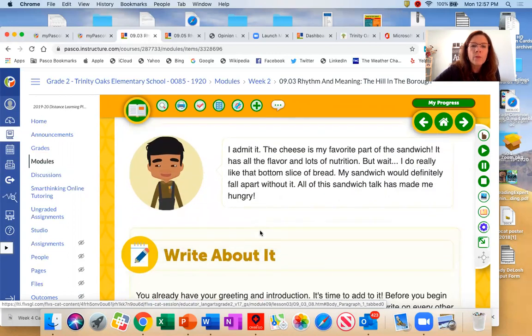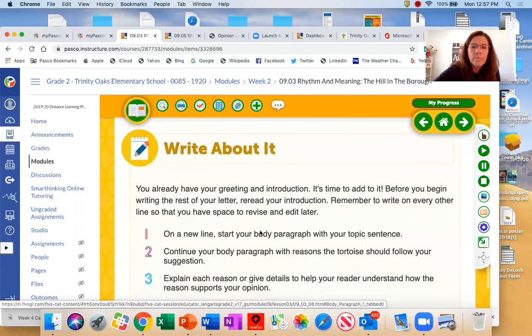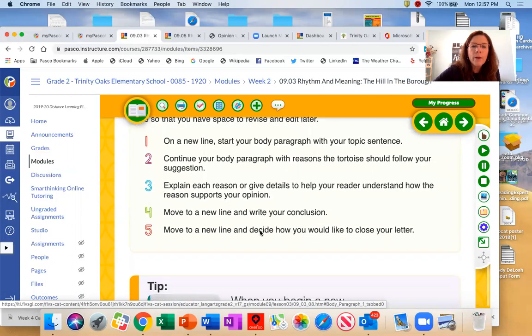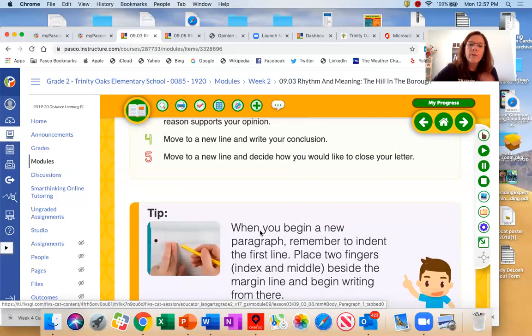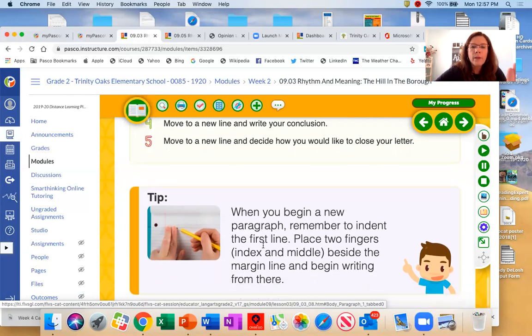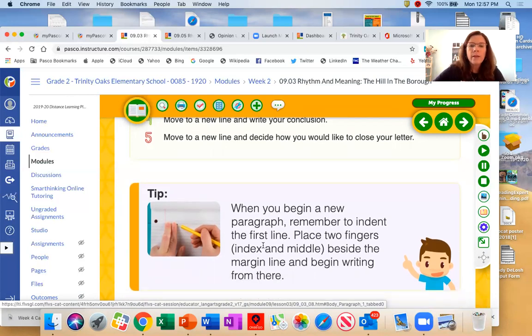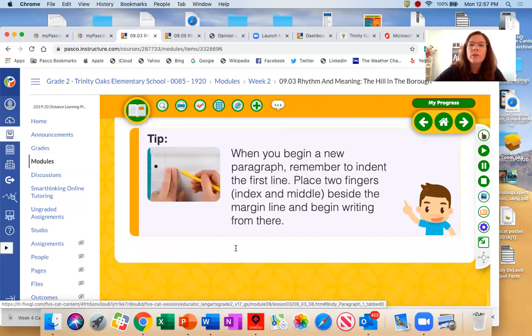All right, so you can read this over again. So you're writing your body paragraph. It says, and remember, when you start a new paragraph, remember to indent the first line. Place 2 fingers, the index and the middle, beside the margin line, and begin writing from there. So that gives you, remember to indent.